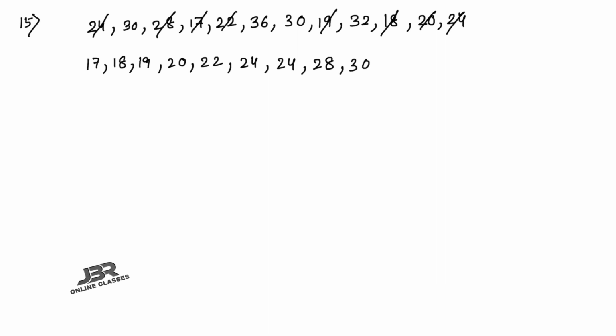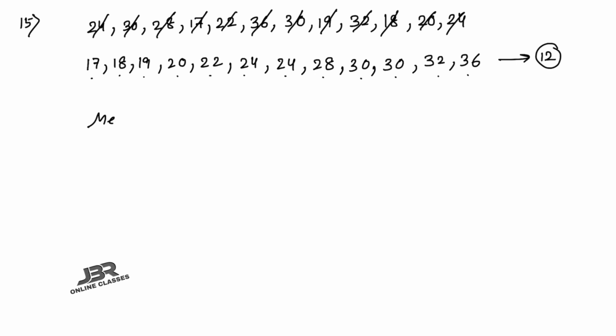After that 30, again 30, and then 32 and then 36. So how many numbers are there? 1, 2, 3, 4, 5, 6, 7, 8, 9, 10, 11, 12. So that means an even number.